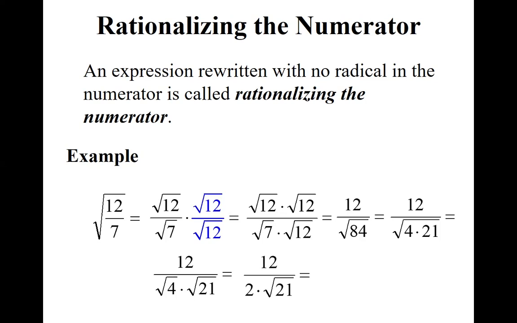Finally, 12 divided by 2 is 6. So that's a 6 on top, left with a radical 21 on the bottom. It's okay that the radical's on the bottom here because the point was to rationalize the numerator. Make sure the numerator is the one that doesn't have the radical.